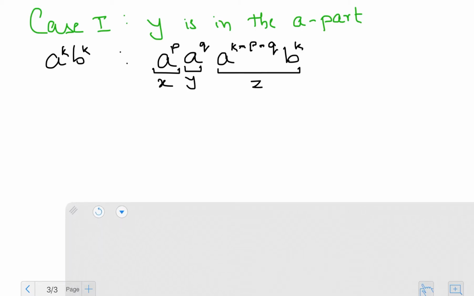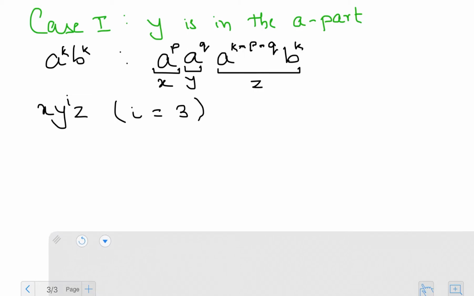So now what I have to do is take x, y^i, and then z, and I can take any i value that I want. So in our case, let's just take i to be 3. I'm just taking a random value here. Now what does my string become?